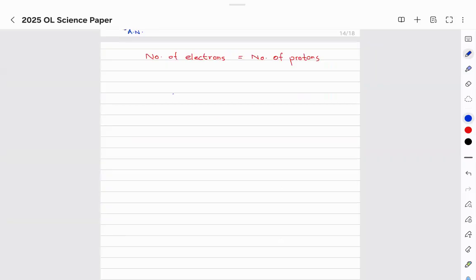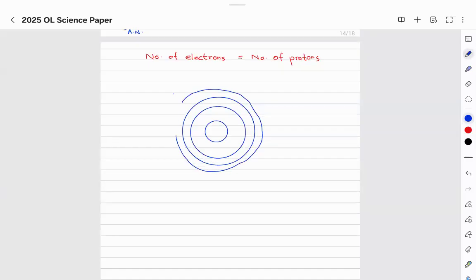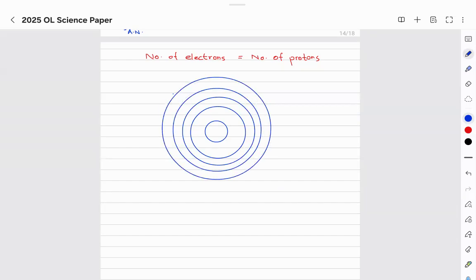Just imagine this is the nucleus. When you consider an atom, the atomic nucleus is located at the center of the atom. So this is the place we can see the protons and neutrons.